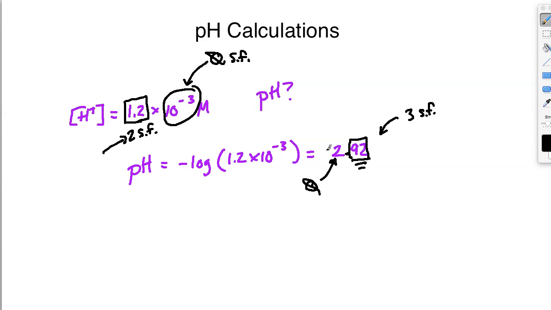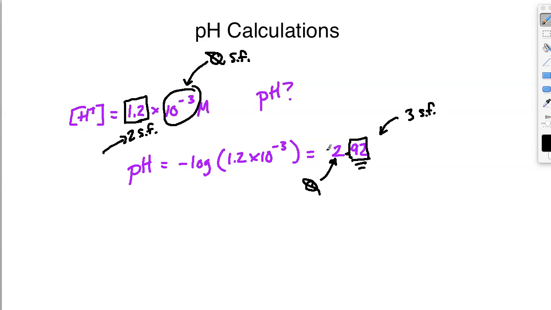I just wanted to be clear so that people weren't confused when they look at the examples in the book or watch videos to practice and ask, why do I keep seeing 2 significant figures and then 3 reported back, or 3 significant figures and 4 reported back, and so on.